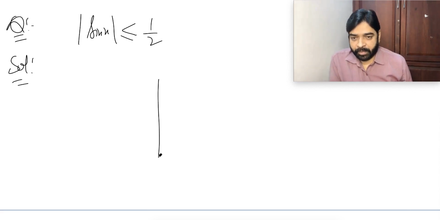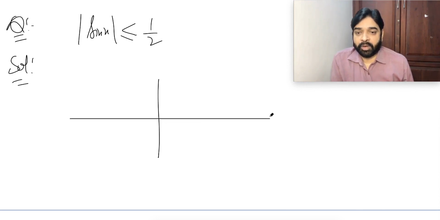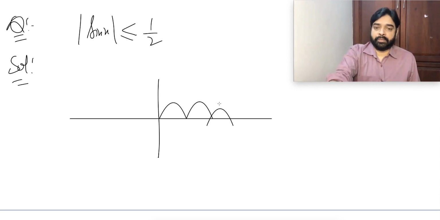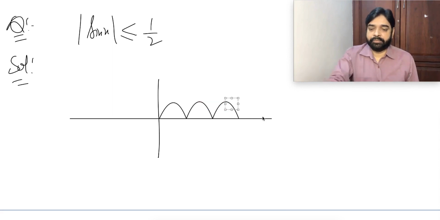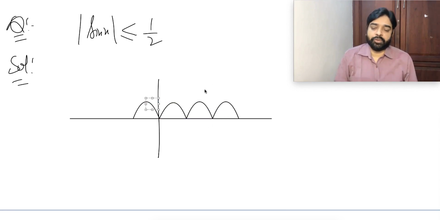Check it here, the mod sin x graph. If you try to recall the mod sin x graph, we already studied it. The mod sin x graph will be something like this. Am I right?